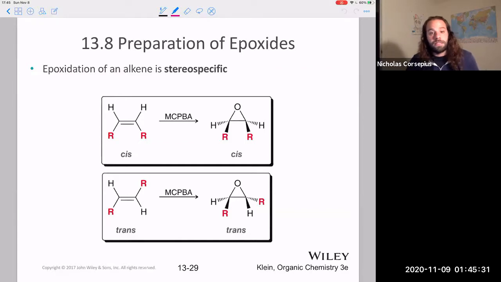So if I took a cis alkene and reacted it with a peroxy acid, I would get a different product than if I took a trans alkene and reacted it with a peroxy acid, right? Here, the difference is going to be the stereochemistry of these stereocenters here. So the fact that this is a syn addition is really important to the stereochemistry of the products.